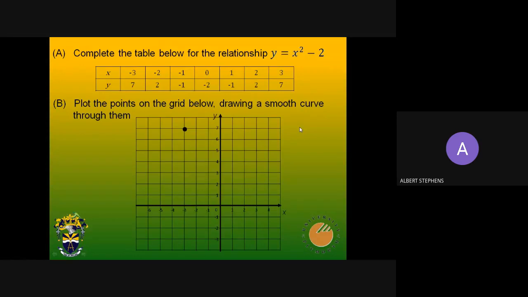So this is the point. That's the first one, that's -3 and 7. Then -2 and 2. -1 and -1. Then 0 and -2. Where's 0 and -2?